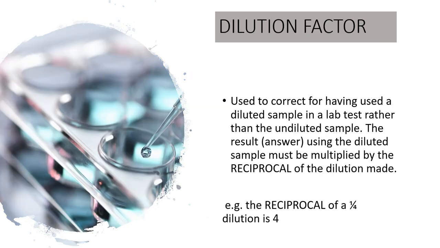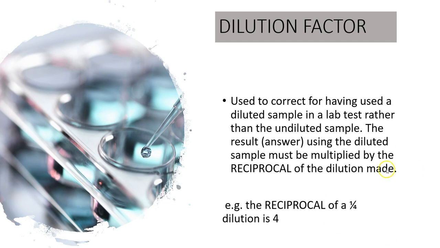When we do that, we need to understand what the dilution factor of that dilution is, because many times we use the diluted samples to run our experiments, but then before we have our final answer, we need to convert that back into the unconcentrated form. So we need to know what the correct sample would be.